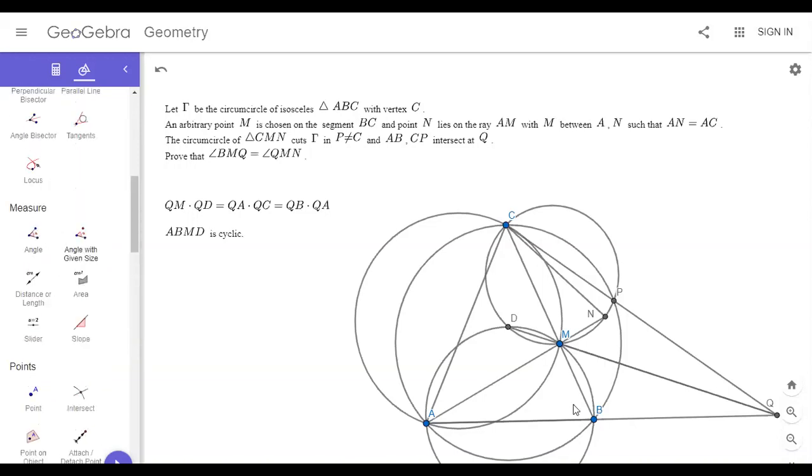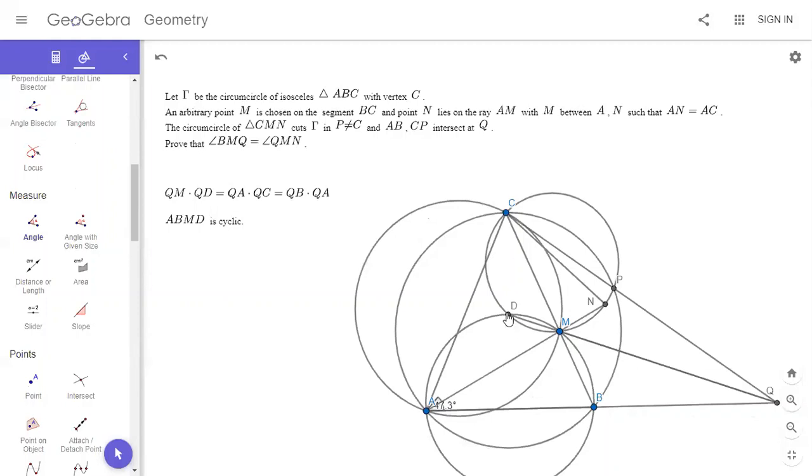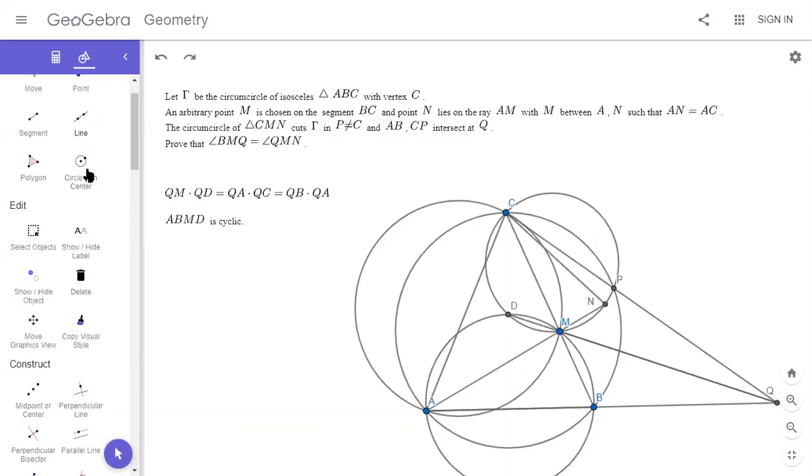Sorry, before I read the chat, I'm just going to try some. So BAD is 47.3, DMA is 47.3, and that would also be DBA, right? Would be 47.3. So we have a lot of 47.3. Basically, we want to show DAB is isosceles, right?